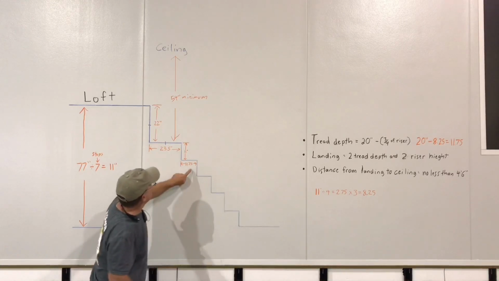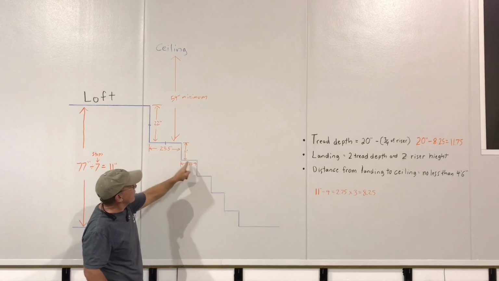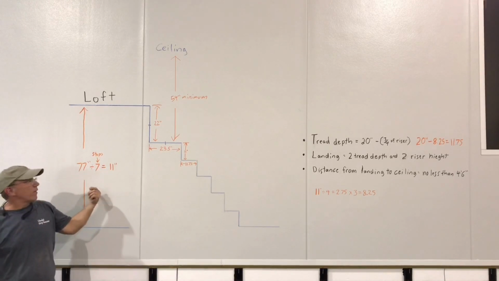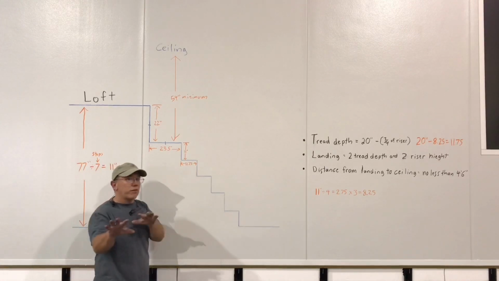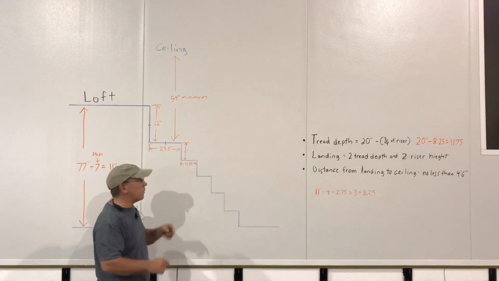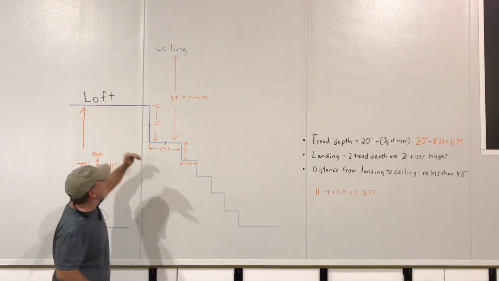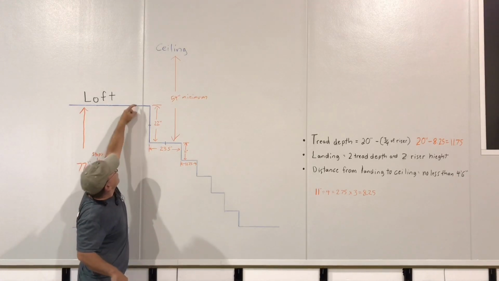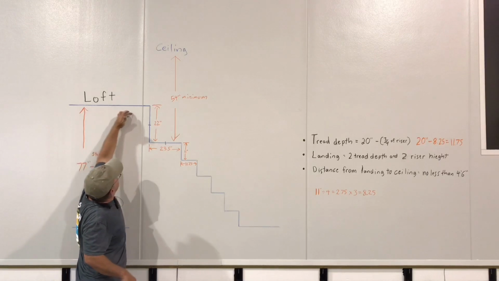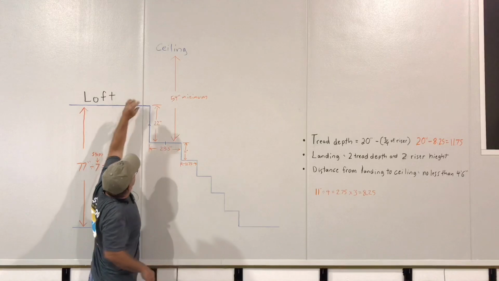What we have now is our riser height. By the way, this is called the riser, and this is called the tread. The riser height is 11 inches that we came up with back here. You can insert any numbers you're working with, you just want to get the formula right. This is just basic and simple. There are some other things to consider because you're going to have some structure here, so you'll have to add to the top, like if you have a 2x4 or 2x6, whatever structure.